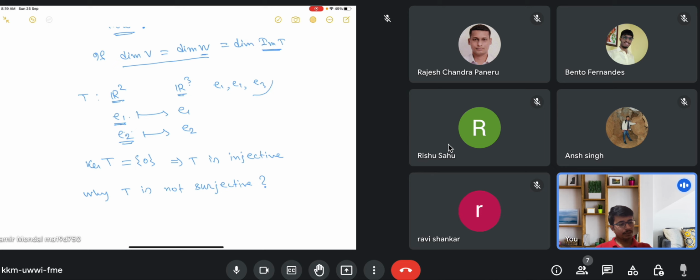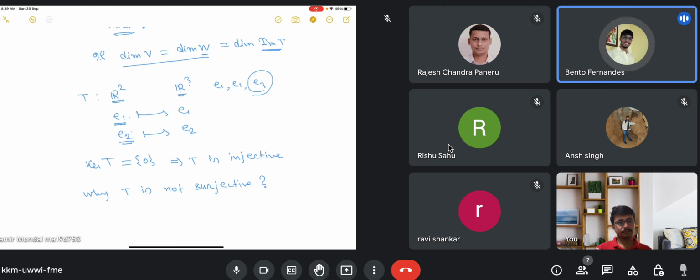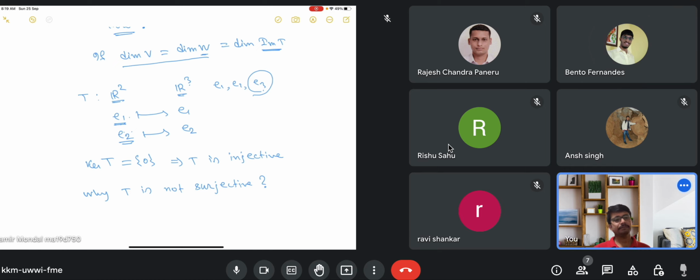What is the image of E3? This is because E3 does not have a pre-image, and for T to be surjective, every element in R3 should have a pre-image. Yes, this is the logic.